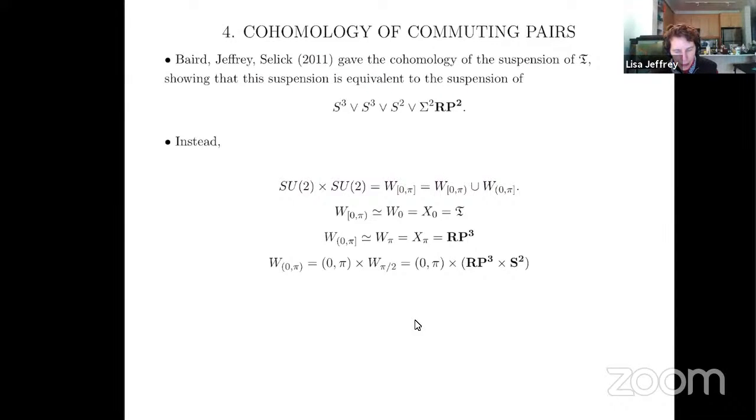Together with Tom Baird and Paul Selick, we gave the cohomology of a suspension of the space of commuting two-tuples, showing that this suspension is equivalent to the suspension of this wedge sum of two copies of S3, one copy of S2, and a double suspension of RP2.